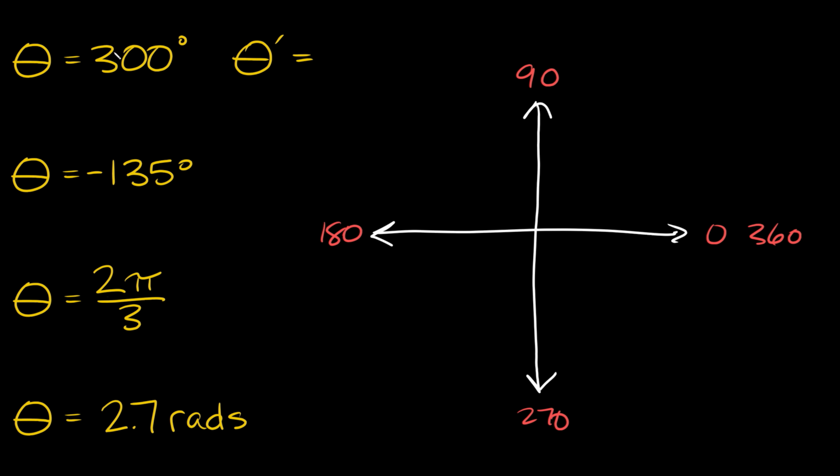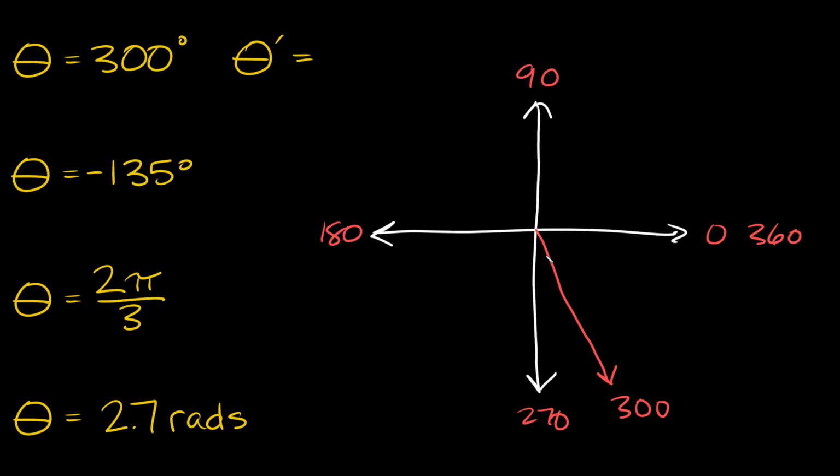So again, the first thing we want to do is draw this 300-degree angle. Starting from standard position, we rotate 300 degrees, which is approximately here, a little bit past 270. There's 300.